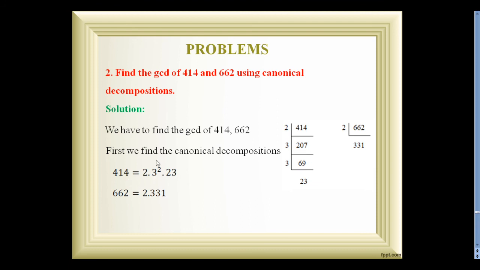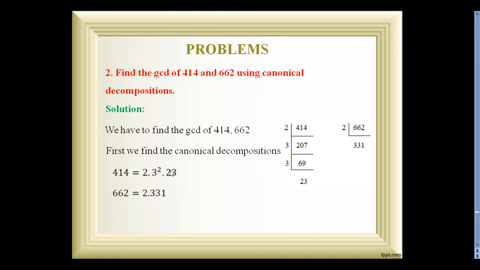Now we are finding the GCD of a and b. A is here 414, b is 662. So a has a product of primes, p1 power alpha 1, where alpha 1 is 1, and p2 power alpha 2 and p3, 23 power 1. In the same way here, p1 power 1, 331 power 1.